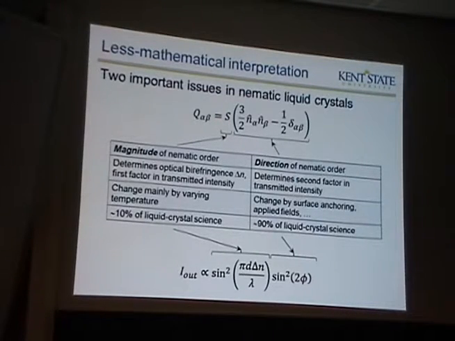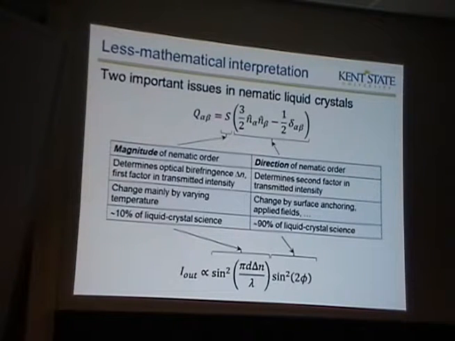These are really the two fundamental things to think about when it comes to the statistical mechanics of liquid crystals. And so you want to think about what controls the magnitude and the direction, and what are the consequences.